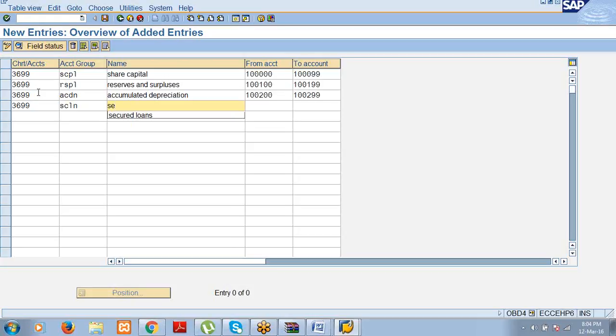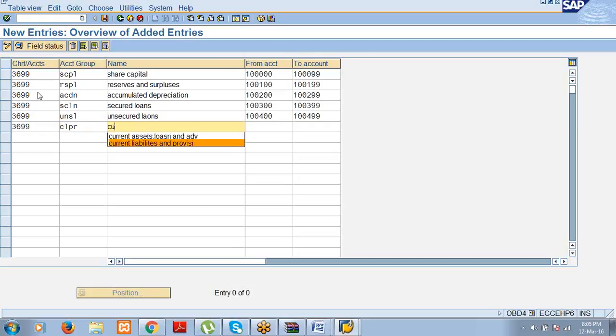SCLN, name is secured loans. From account is 1,300,000 to 1,399,000. Chart of accounts is 3699. UNSL, unsecured loans, 1,400,000 to 1,499,000. Chart of accounts 3699.